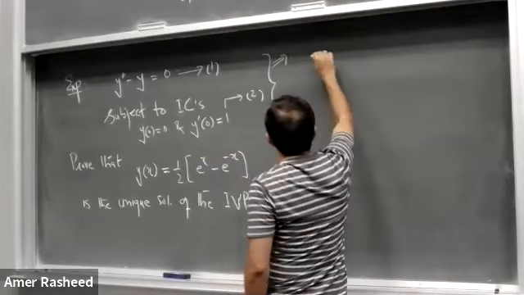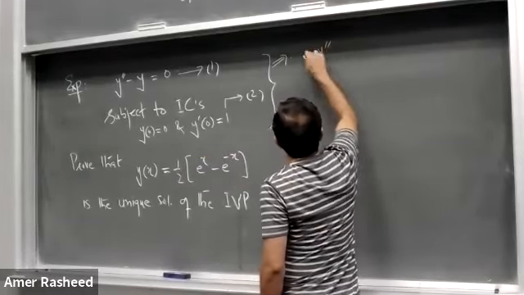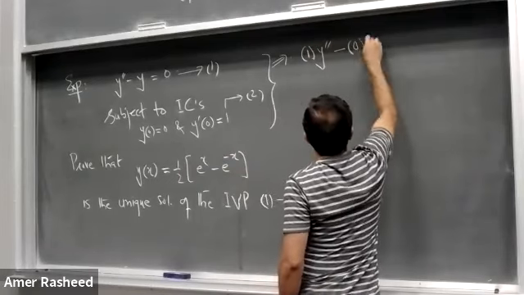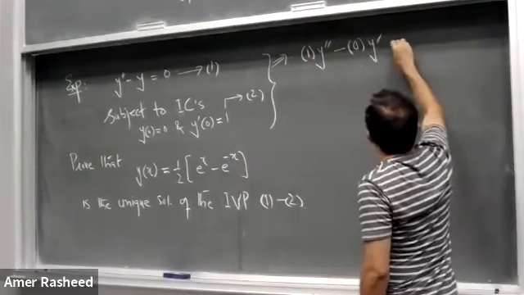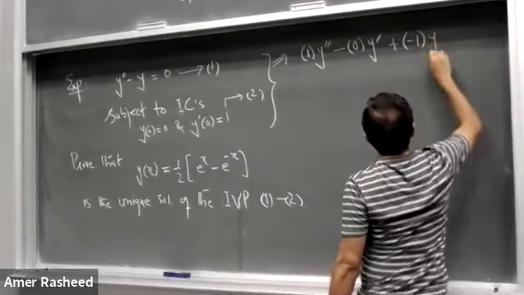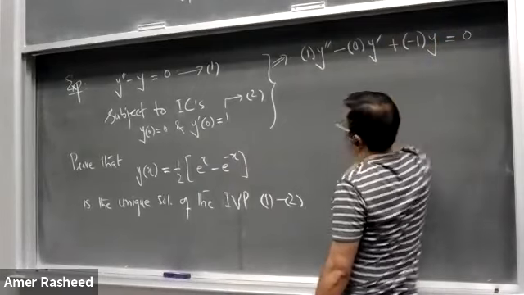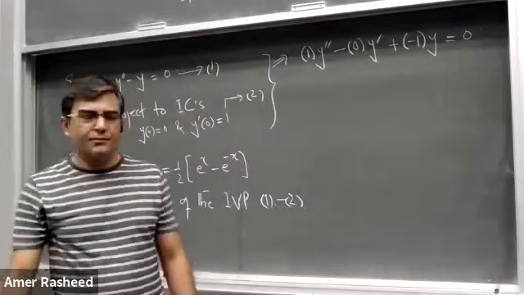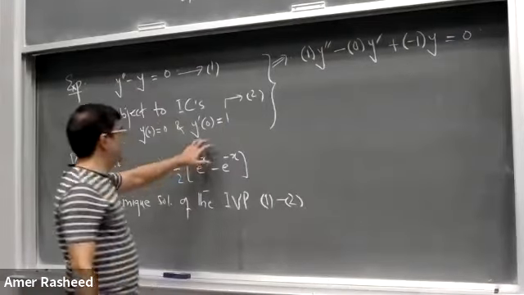We'll check the coefficients: here we have coefficient 1, here we have coefficient 0 of y dash, minus 1 of y equal to 0. This is your general second order differential equation along with these initial conditions.